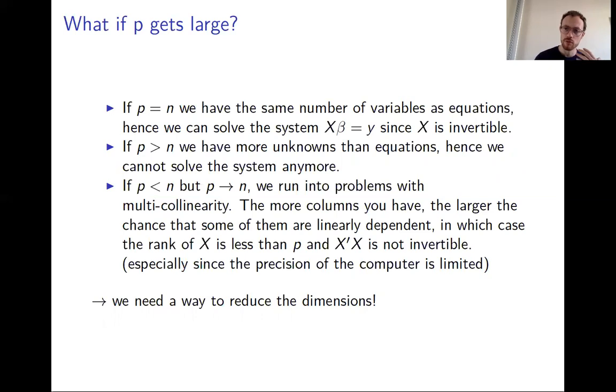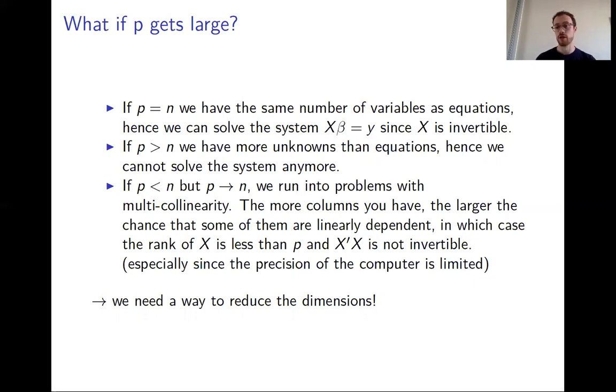Also, if p gets very large, even though you still have fewer variables than you have observations, you might still run into problems with multicollinearity, because if you have a very large number of variables, there's a large chance that one of them is a linear combination of the others, and therefore you don't have full rank in your X matrix anymore.